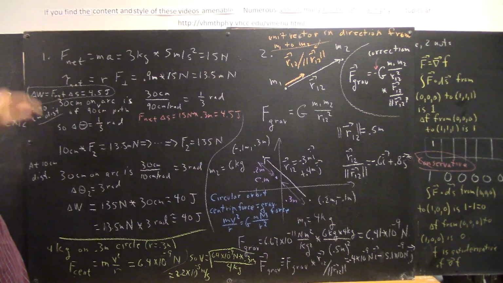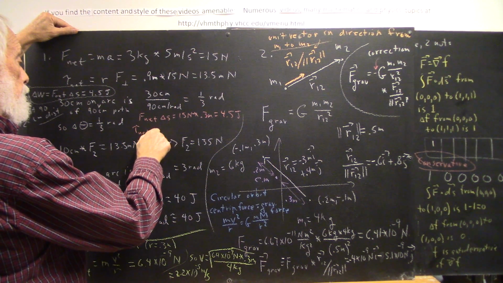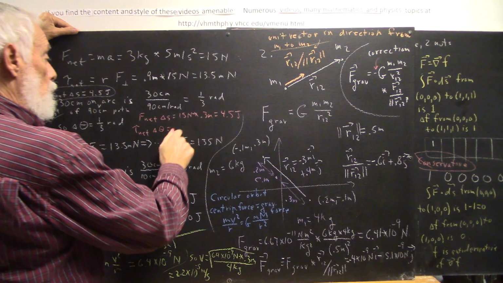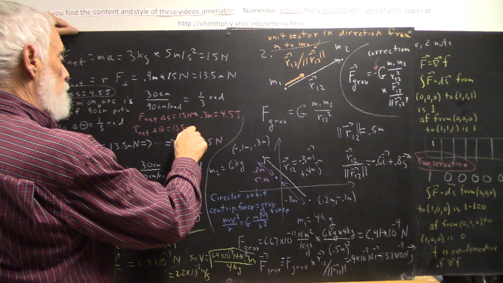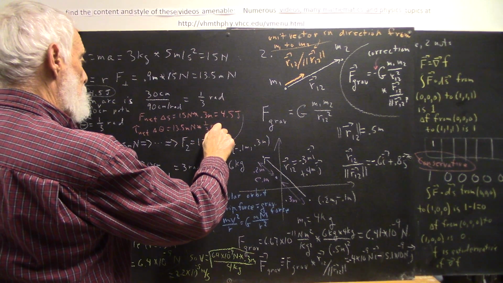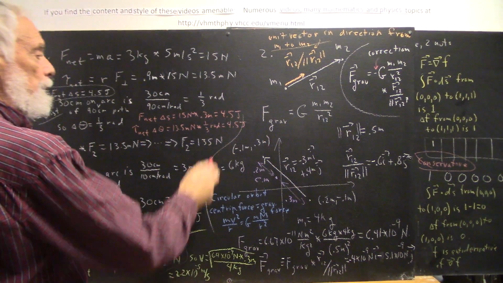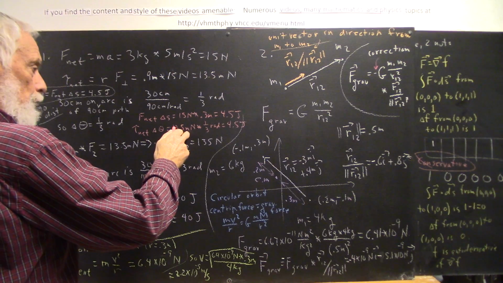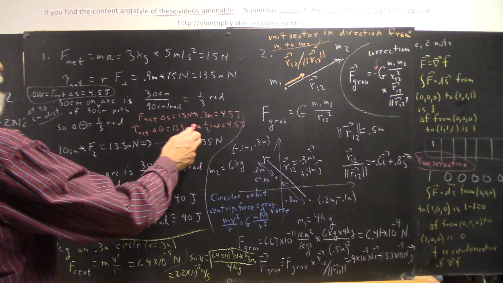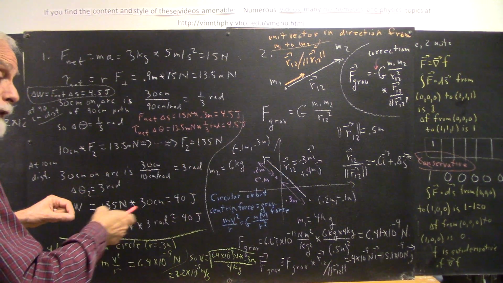We also could calculate tau net delta theta, equals net torque 13.5 meter newtons times 1/3 of a radian, and that also comes out 4.5 joules, because the radian multiplied by a meter, when you're calculating the torque, the meter would be thought of as a meter of radius out to a certain point.